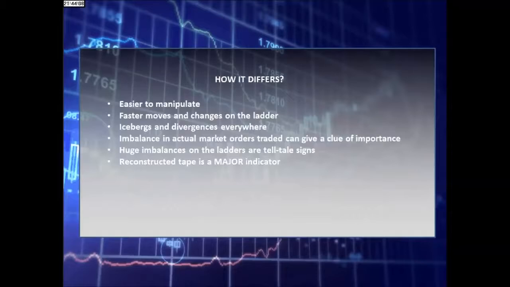Huge imbalances on the ladder are telltale signs. Basically, this is one of the two most important indications that I use. When the move starts, you will see huge imbalance. You have to look for total numbers of bids versus total numbers of offers.